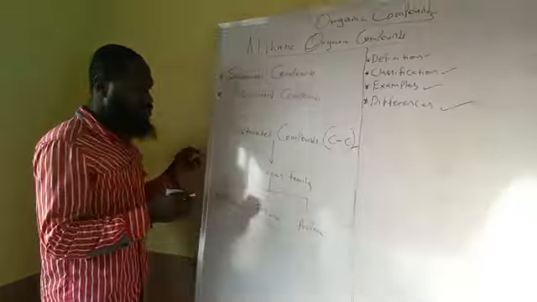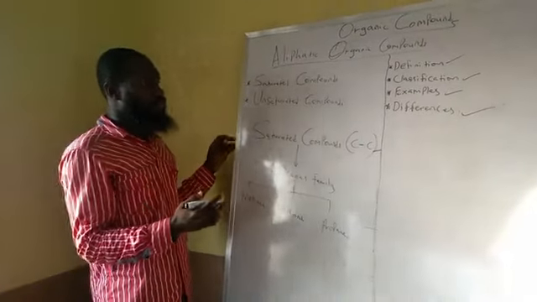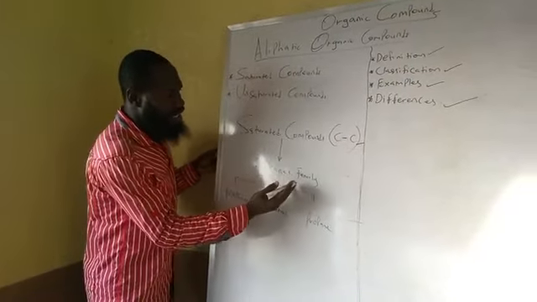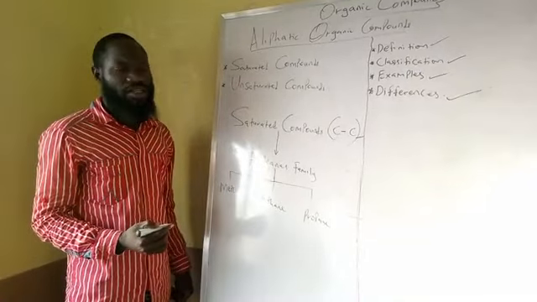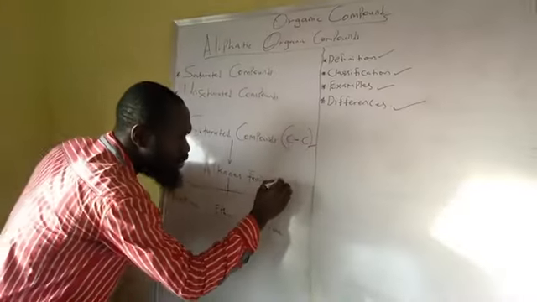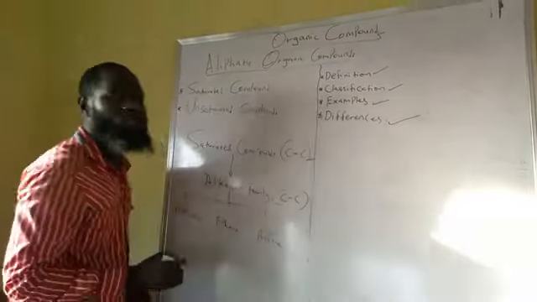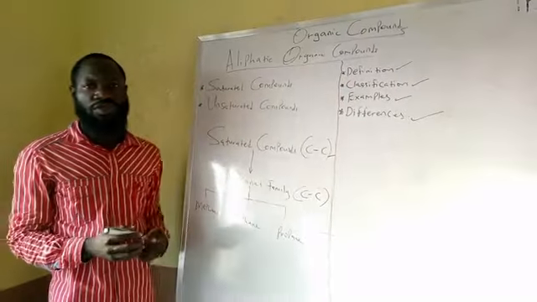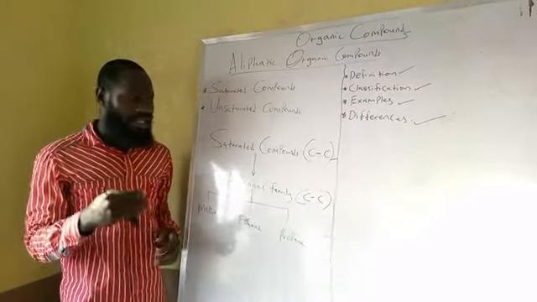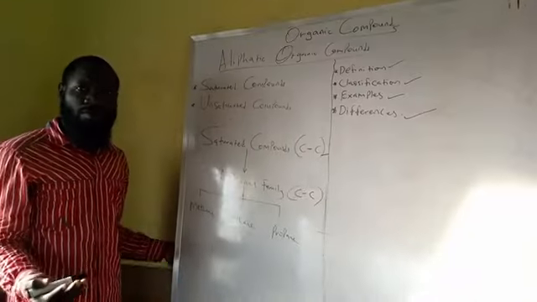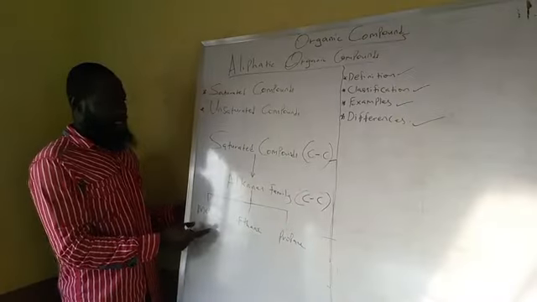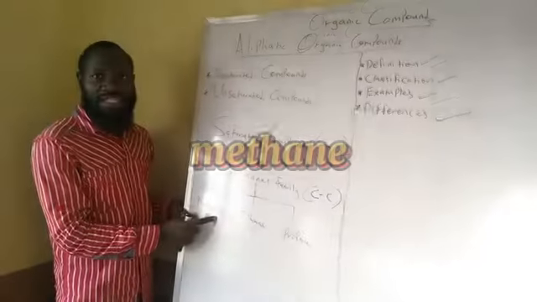Now, an example of a saturated compound is the alkane family. The alkane family is denoted by its functional group, which is a single bond, carbon single bond. That's the alkane family, and an example is the first member of the alkanes, methane.